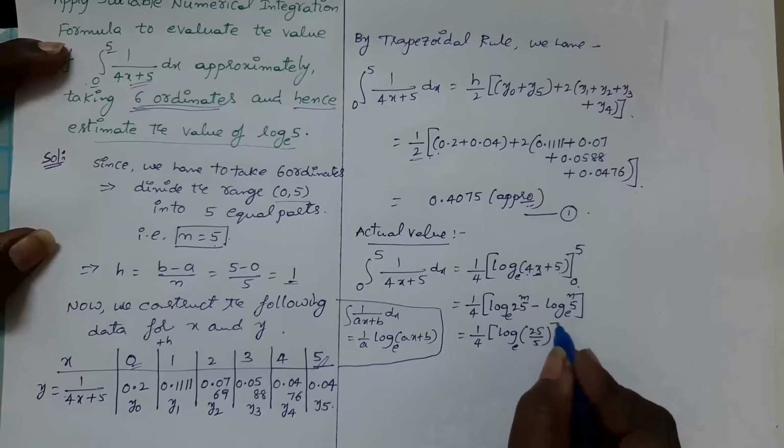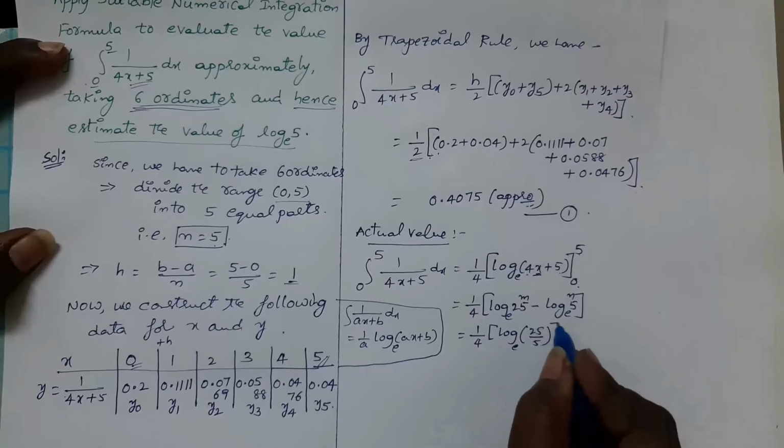According to the trapezoidal rule, the integration of 0 to 5 of 1 by 4x plus 5 dx value is 0.4075, but originally the value of the integral is 1 by 4 into log 5 to the base e. That is why we should equate 1 and 2. So you will get 1 by 4 log 5 to the base e equal to 0.4075.